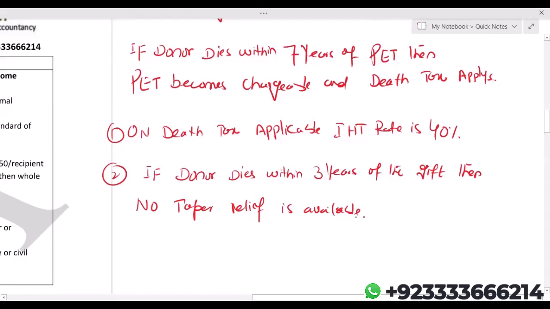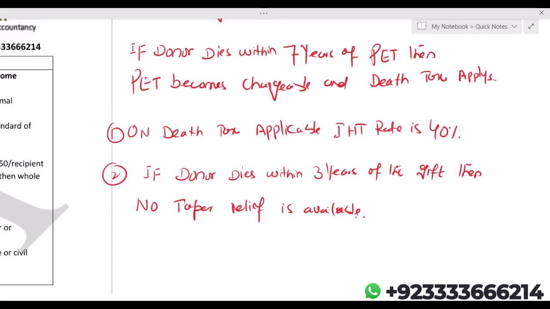Actually, what taper relief does, taper relief reduces IHT on death tax. But taper relief is only available when the donor dies at least after 3 years of making the gift and within 7 years. Another point is very important. What is that?